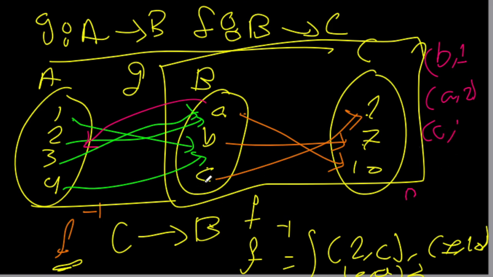Just wait a second. Now, I could see that I have no way to find a relationship for C. C has not been mapped by anything, right? That's the first problem. The second problem is I could see from the function G that A is mapped to 2 and to 3.